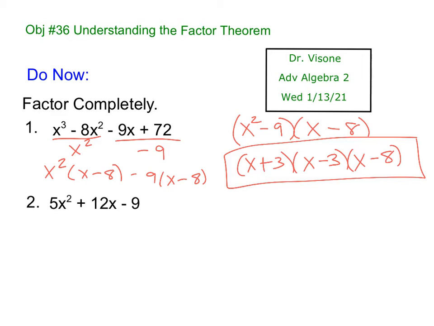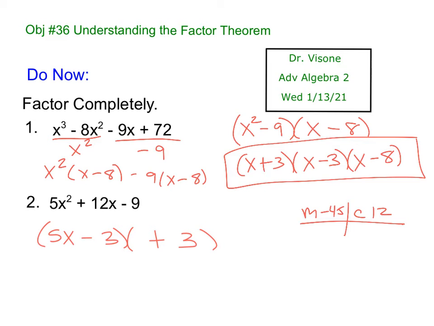And the next one, let's see. So it's just a trinomial. So my guess is 3 and 3. Let's see. 5 times 3 is 15. Positive 15 minus 3. That's it. Or if you wanted to do factor by slide, so we're multiplying to negative 45, combining to 12.